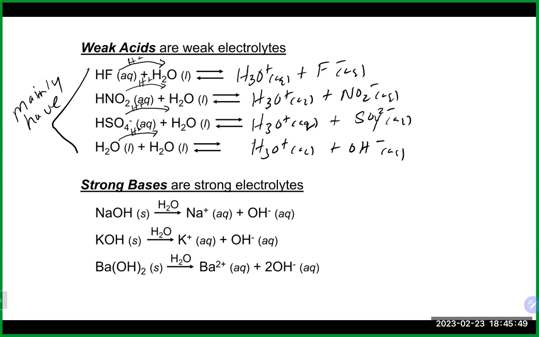Just like the strong acid, you could write a shorter version of the dissociation of a weak acid, the same way as we did the other. You could write HF and just have the arrows where it breaks apart into H plus and F minus. So again, you can leave the water out of the dissociation equation, and you'll just end up with H plus on the other side rather than H3O plus. Any questions on that there?